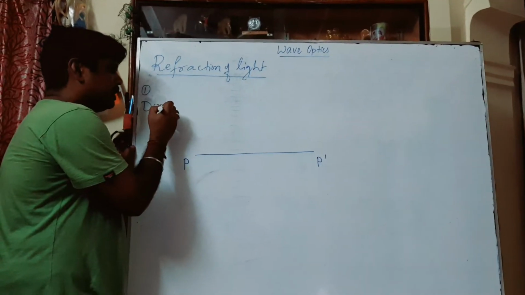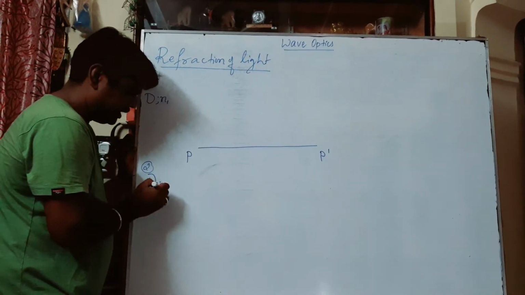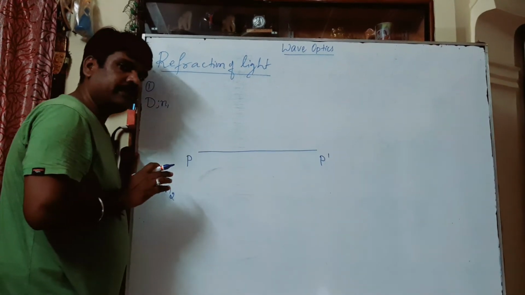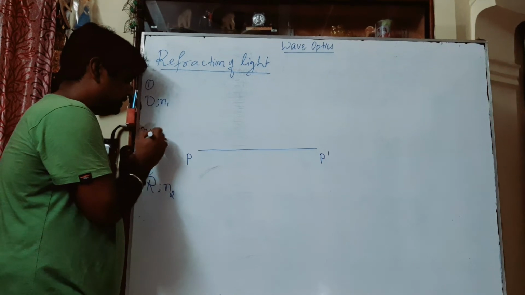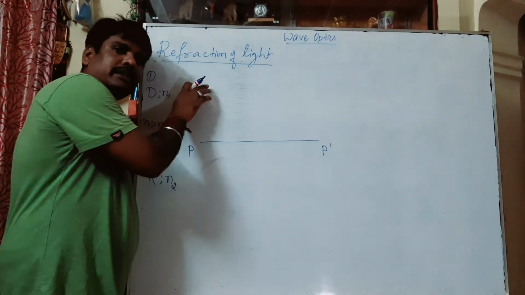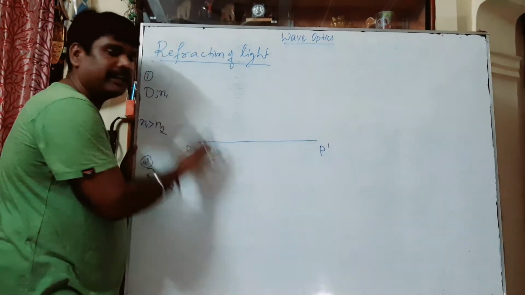The denser media has refractive index N1 and the rarer media has refractive index N2, such that N1 is greater than N2. It means light is traveling from denser media to rarer media.